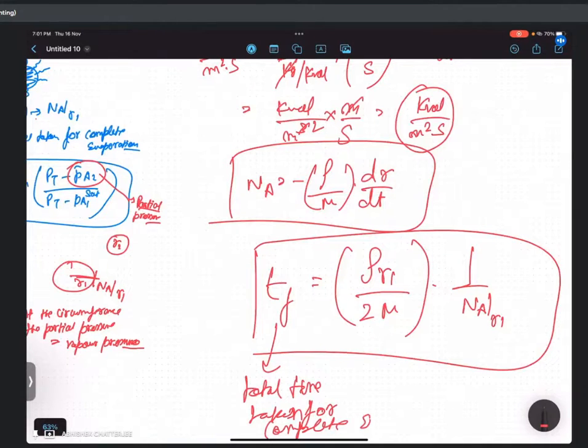Here rho is the density of the naphthalene, R1 is the radius of the ball, m is the molecular weight, and Na at R1 is the flux at distance R1. This will give you the total time taken for complete evaporation.